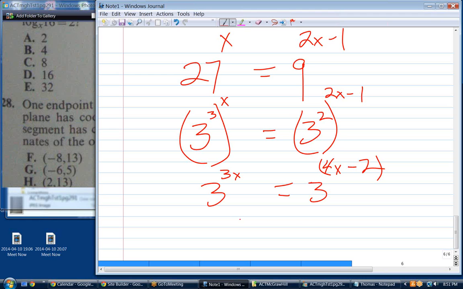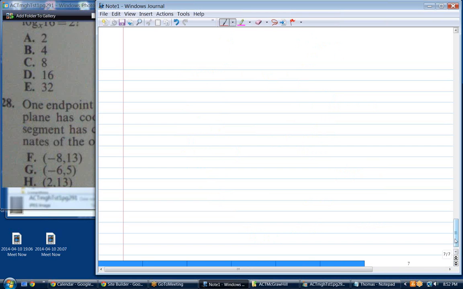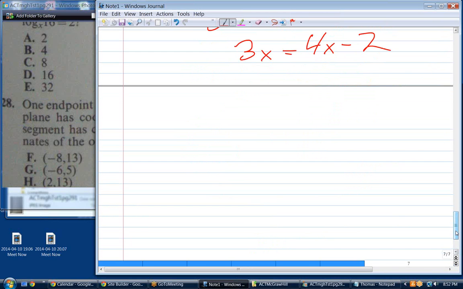Well, the x's have to be the same. Or no, wait. The exponents have to be the same. So 3x has to equal 4x minus 2. Solve that equation.